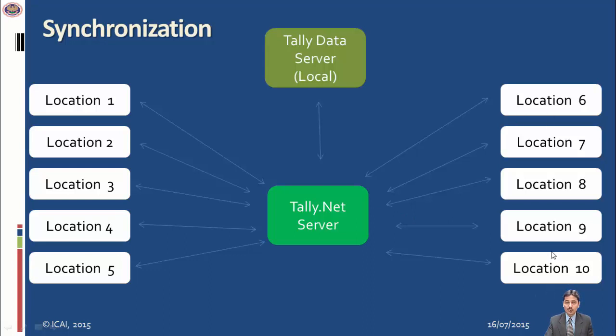These are remote locations, physically apart from each other. Tally data is stored at one particular location. This is the 11th location. Now if these 10 locations wish to access the data stored at the Tally data server, what will be happening? They will have to connect to the Tally server, and the Tally server will in turn connect with the local Tally data server.